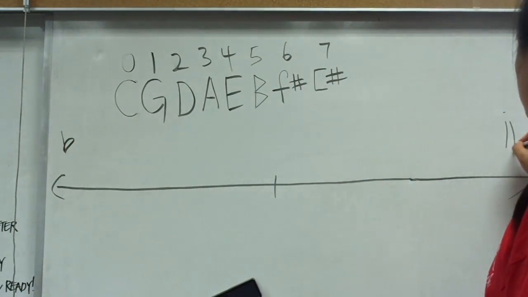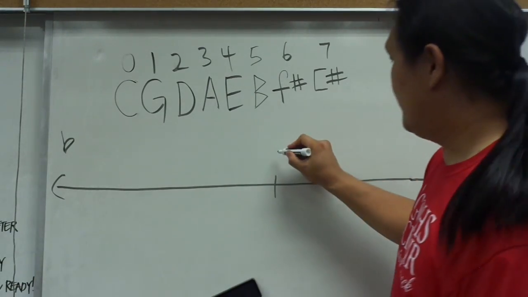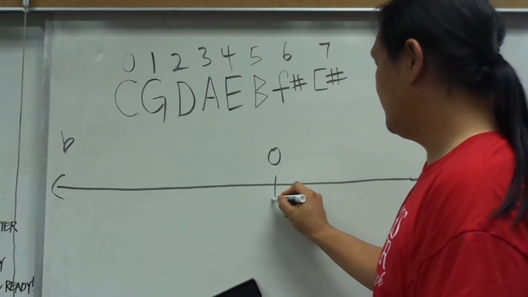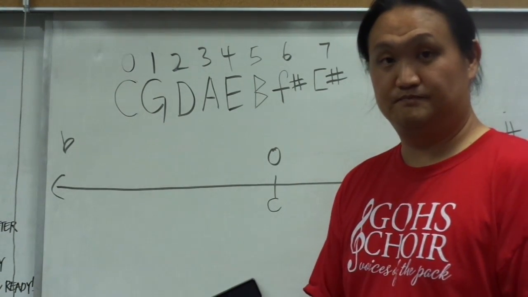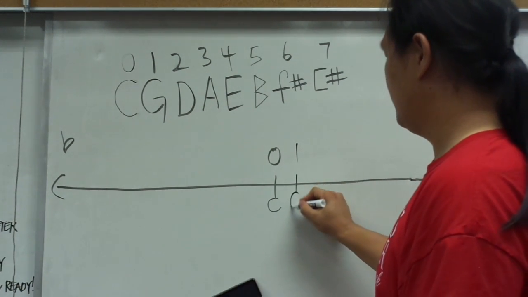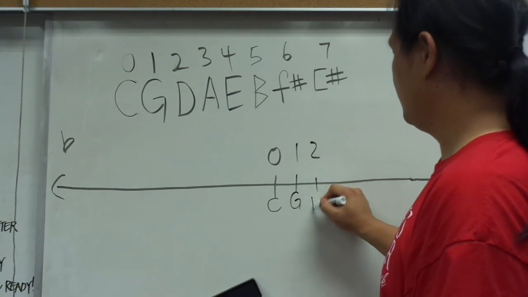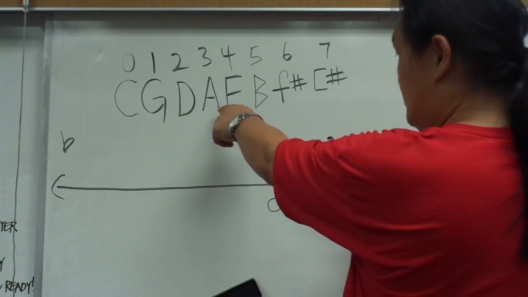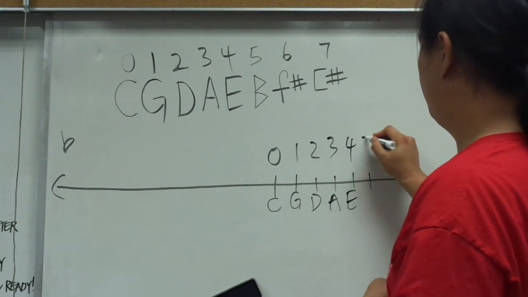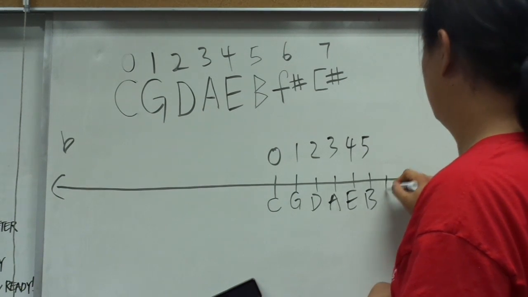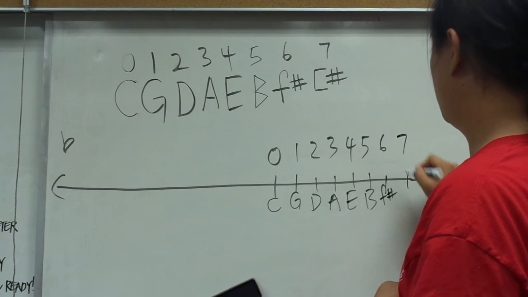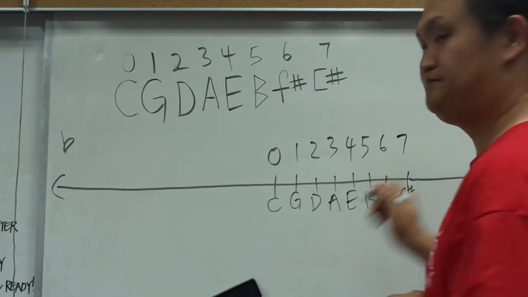This is my sharp world. I have 0 sharps or 0 flats, so I am in the key of C major. 1 sharp will take me to G. 2, D, 3, A, 4, E, 5, I'm at B, 6, F sharp, 7, I'm at C sharp.